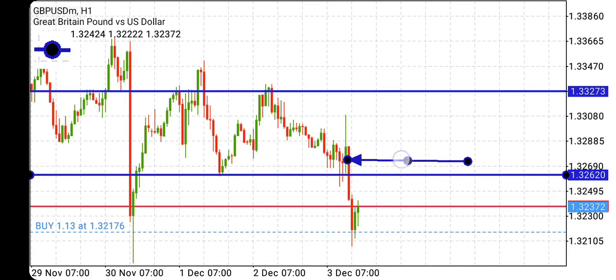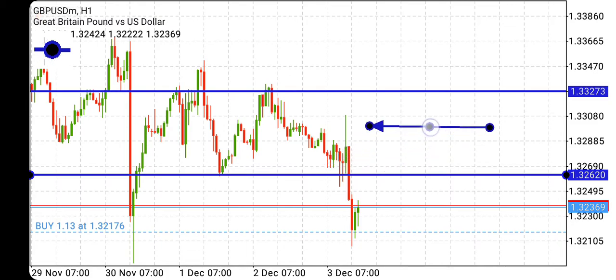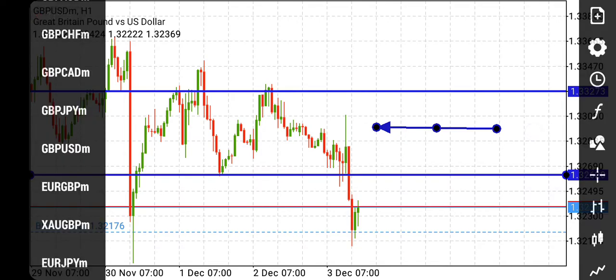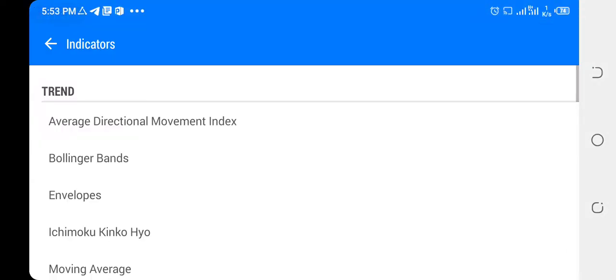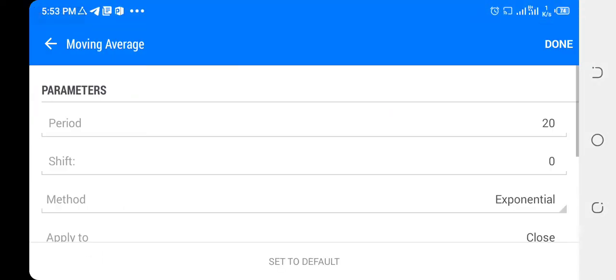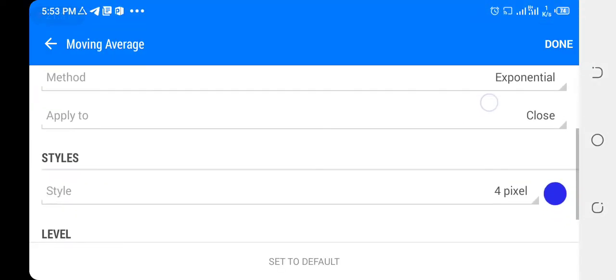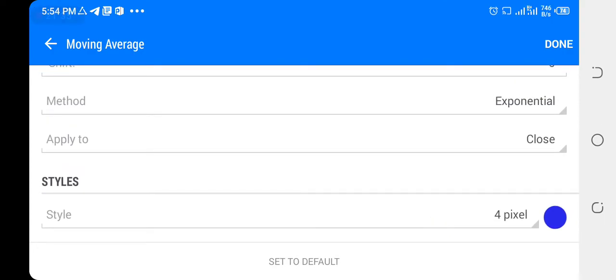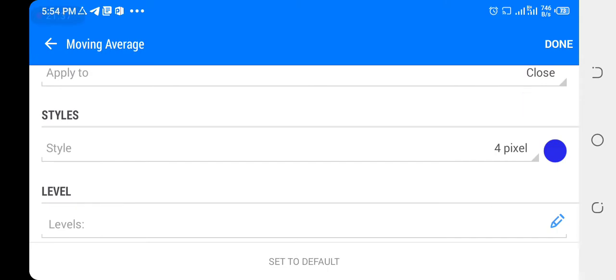When there is a concentration, as in a fight between the buyers and sellers around the point of resistance, you can use the 20 moving average to check which direction the market will go. Alright, so let me set the 20 moving average for you. So it is already here. It can be on the exponential.